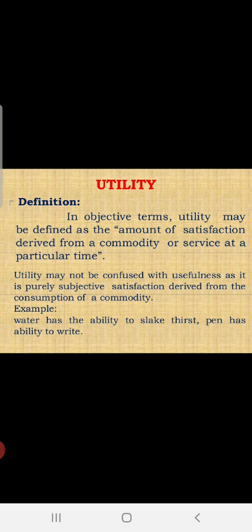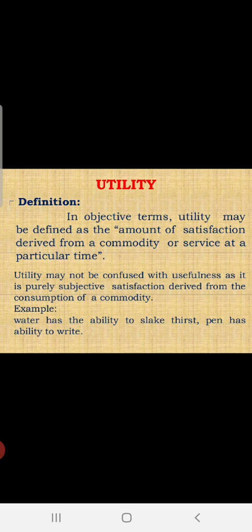There is a difference between utility and usefulness. Utility is just a want satisfying power. That satisfaction could be good or bad, guys. Always remember, an addicted person may get utility from taking drugs, smoking cigarettes or drinking, but it is not useful. So don't be confused between utility and usefulness, not at all.